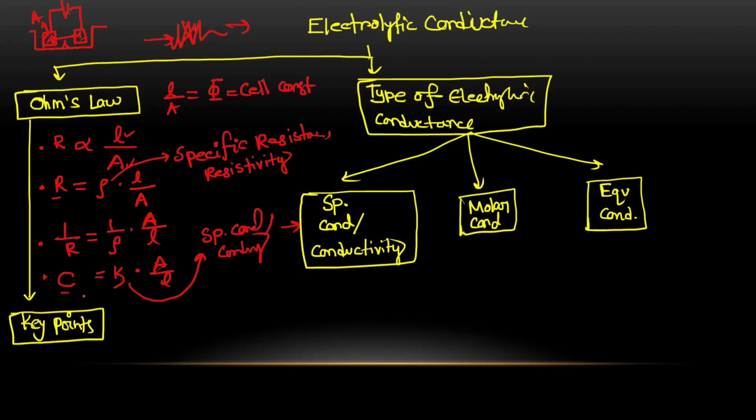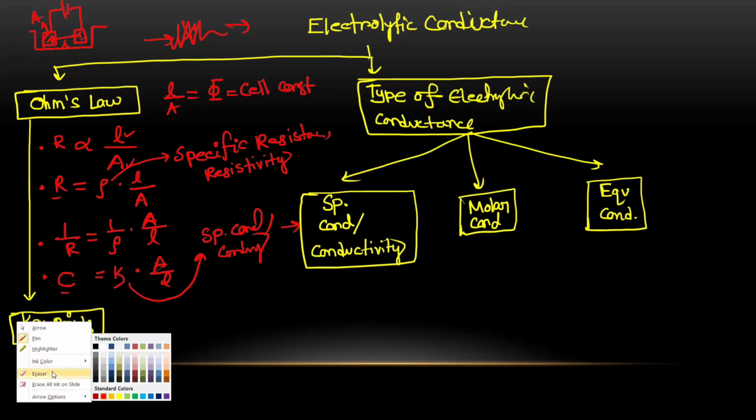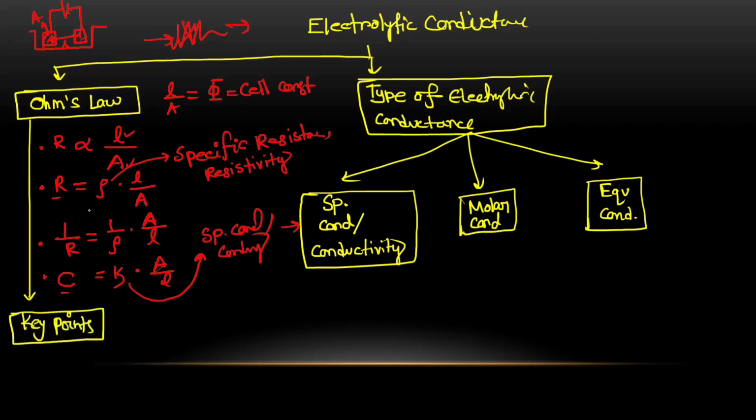Now your work is to find out the unit of rho and kappa. I think you can do that, because you know the unit of resistance, ohm. L means length, which in CGS will be centimeter or in SI meter, and area is centimeter square or meter square.